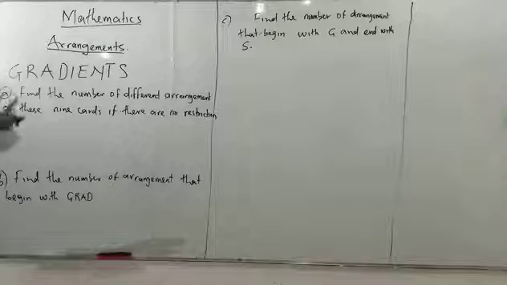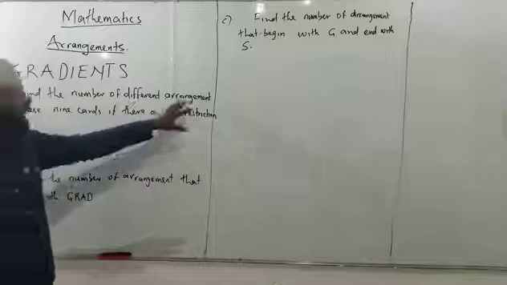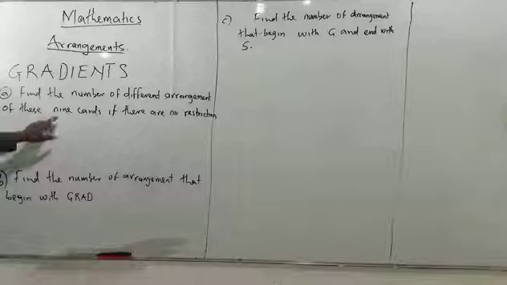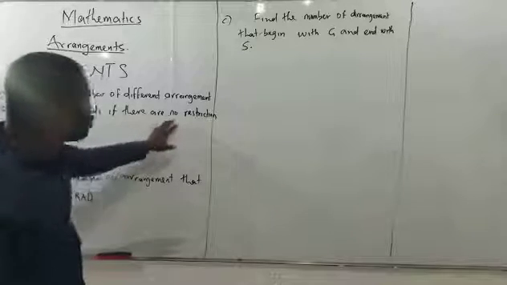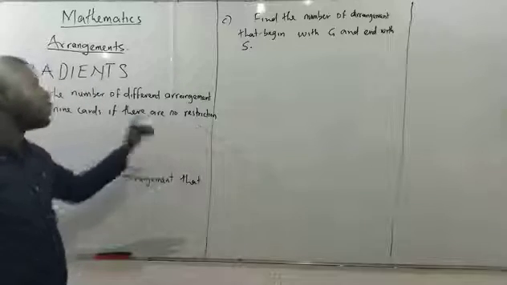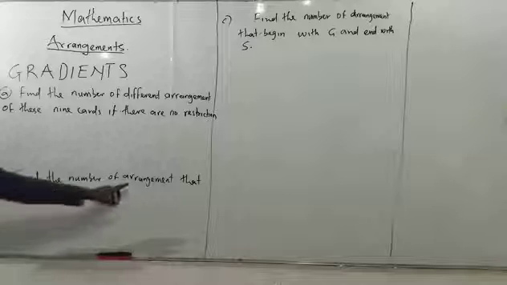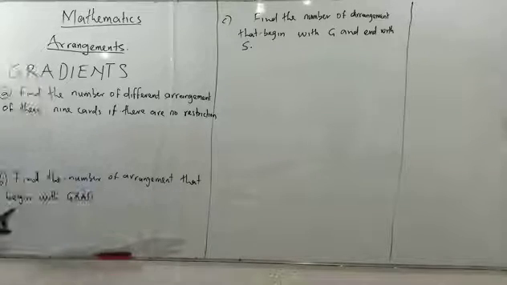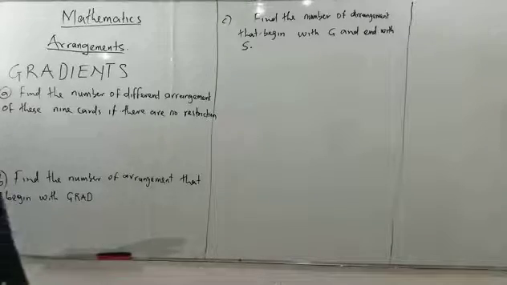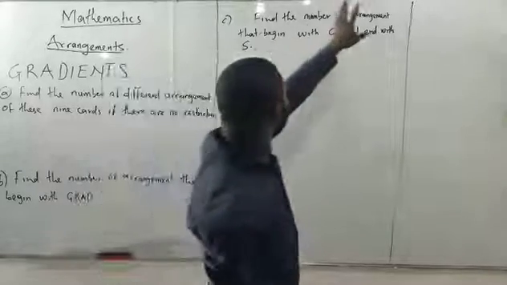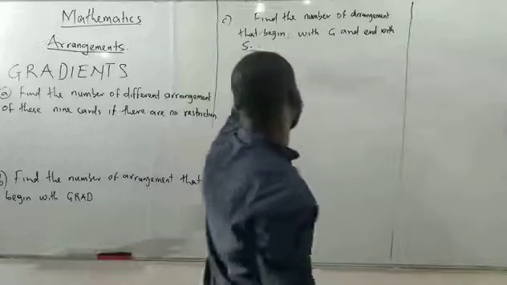The first question says, find the number of different arrangements of these 9 letters if there is no restriction. Number 2 says, find the number of arrangements that begin with GRAD. And the last one says, find the number of arrangements that begin with G and end with X.